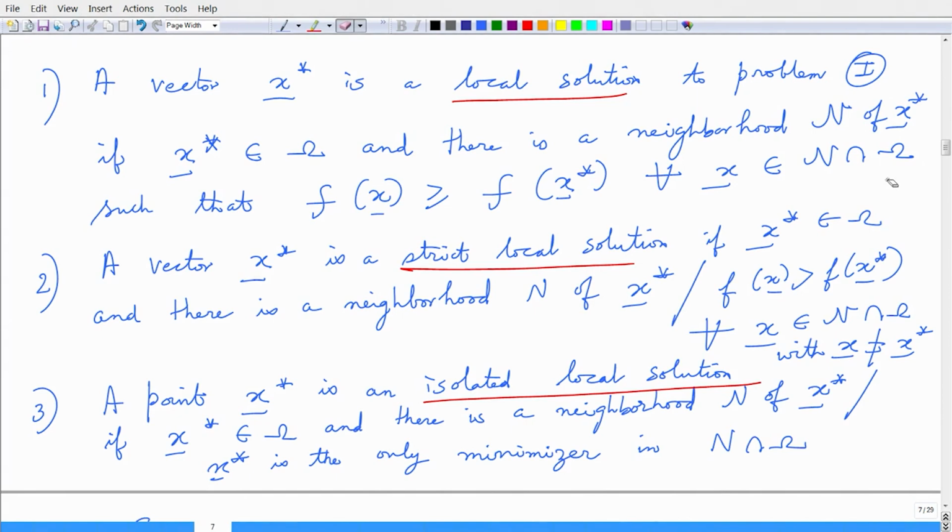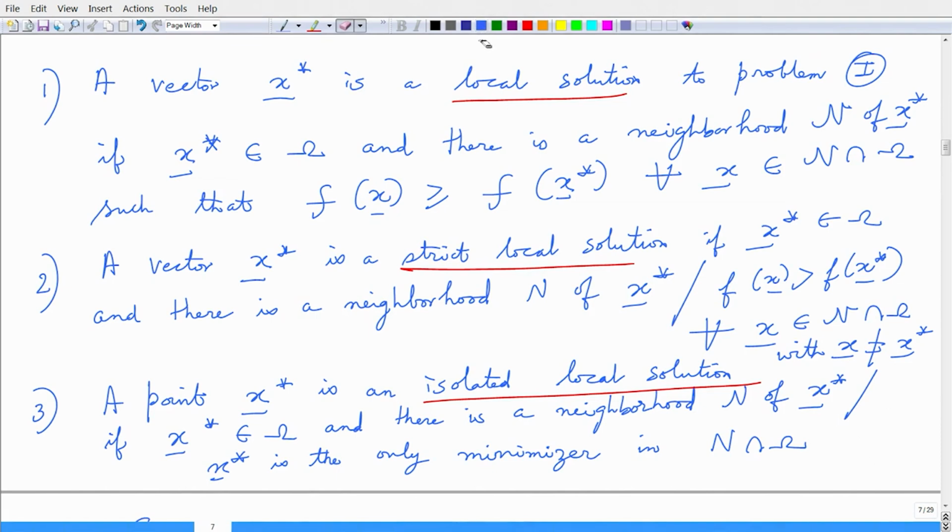There is also another notion of isolated local solution. A point x star is an isolated local solution if x star belongs to this constraint set omega and there is a neighborhood n of x star such that x star is the only minimizer in n intersecting omega. So, a good example is as follows.